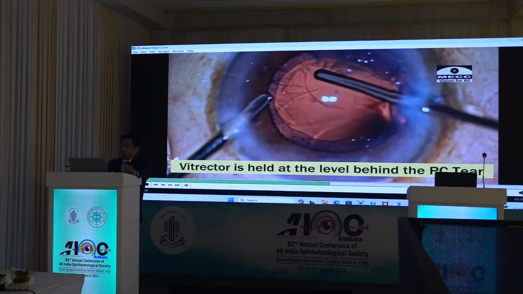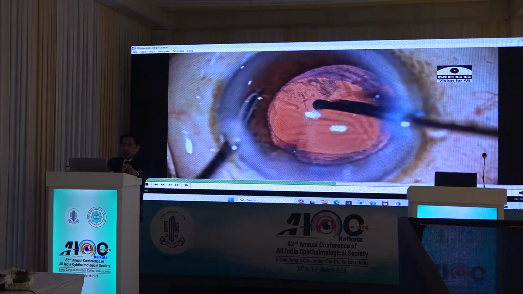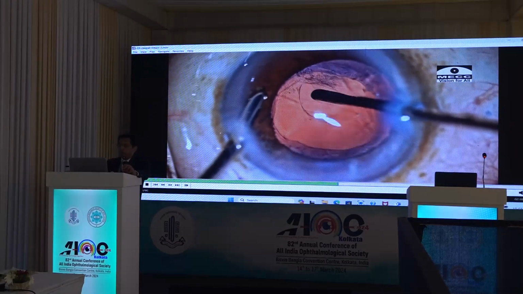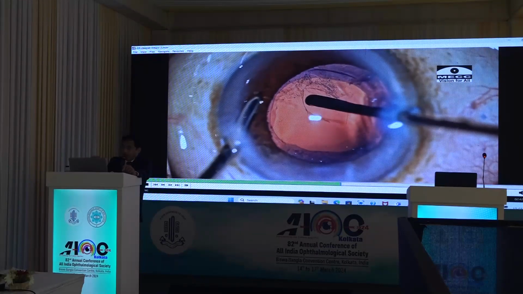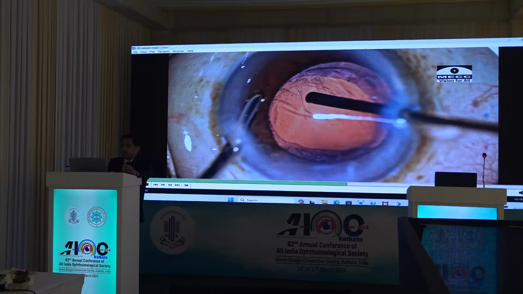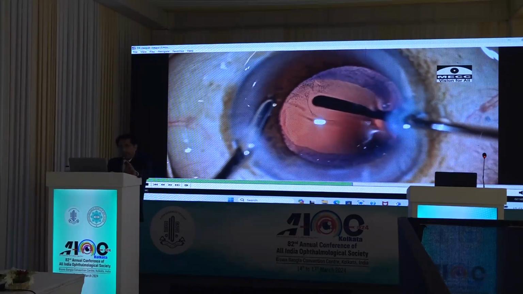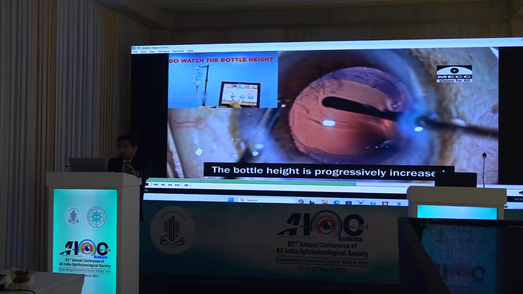Look at the position of the cutter there. The port is faced downwards, and first you do a limited vitrectomy, and the fluttering of the margin is an indication of whether the vitreous is still present in the vicinity or not. If there is no vitreous, the fluttering starts to appear, a sign that you have taken care of the vitreous around the tear.